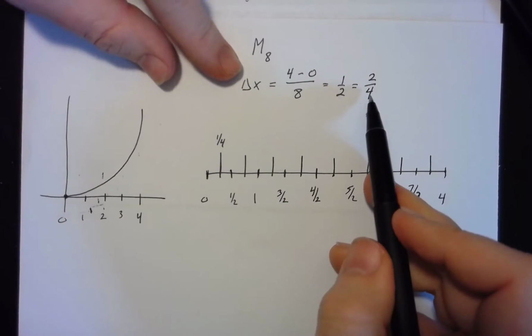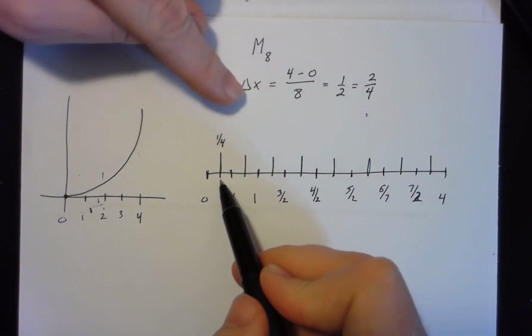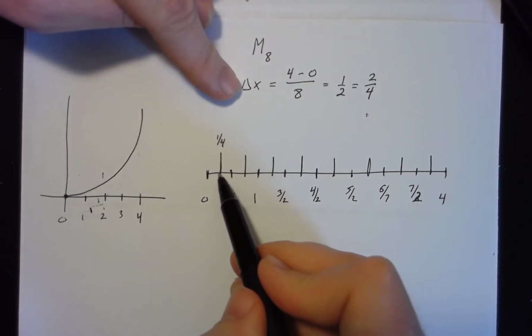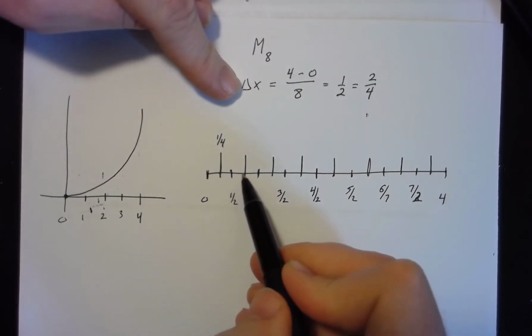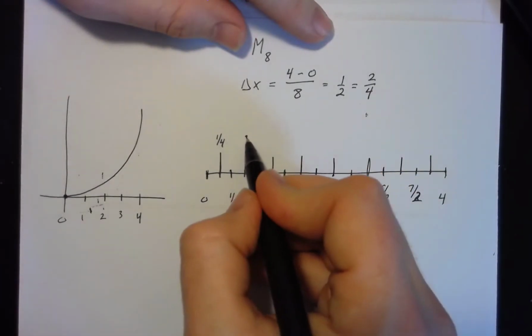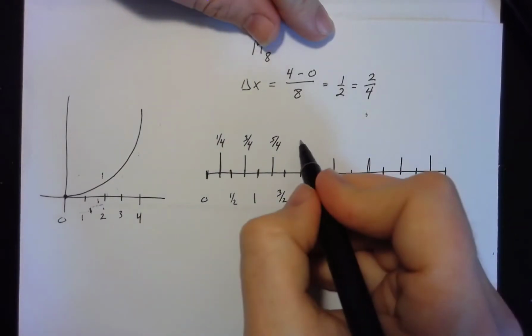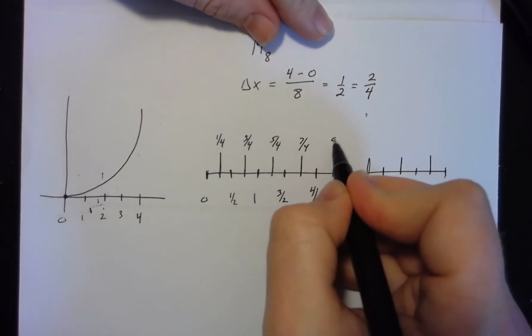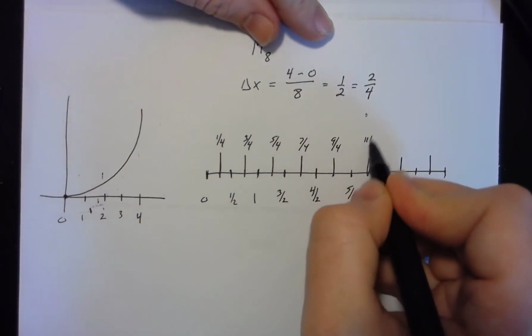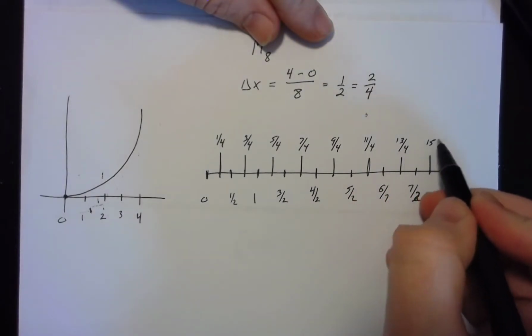If I recognize that, then the midpoint of this first interval will be this exact same amount of distance, delta x, from that midpoint to get to the next midpoint. So if this is 1/4, my next value should actually be 3/4. And then my next one would be 5/4, 7/4, 9/4, 11/4, 13/4, and finally 15/4.